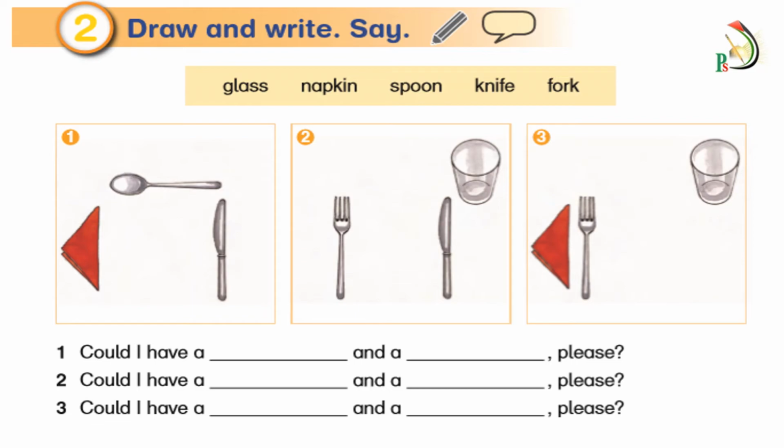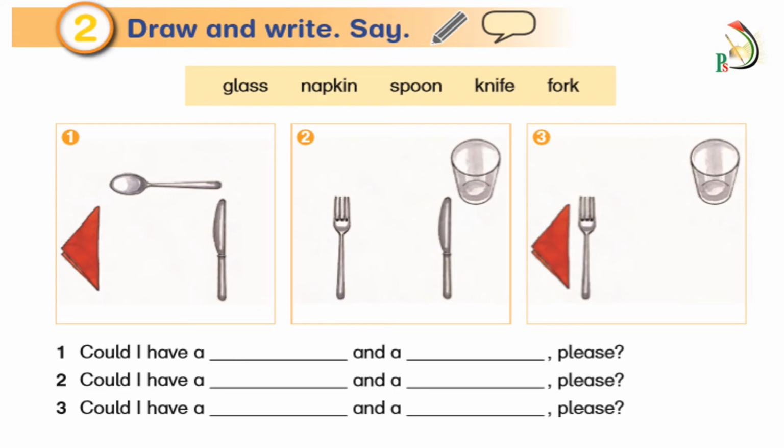How can we complete the question? By choosing the suitable words from the brown box up. Let's read the words here in the brown box. Glass, napkin, spoon, knife, fork. Okay.